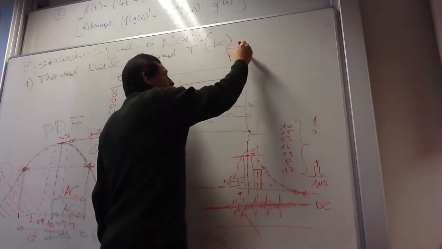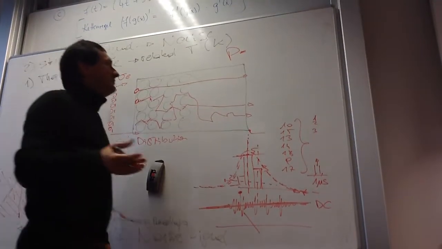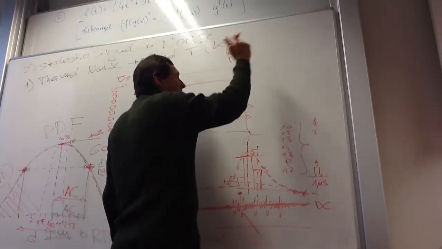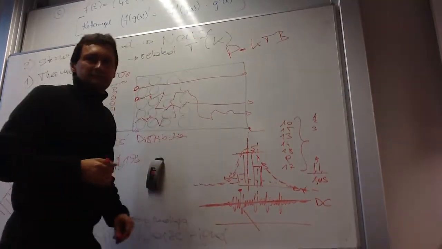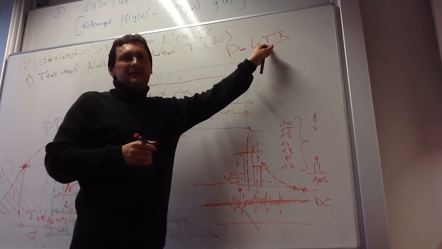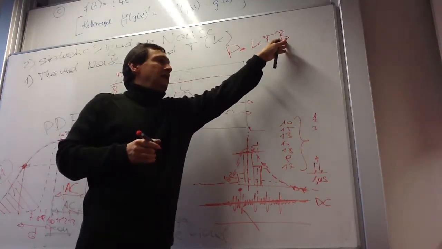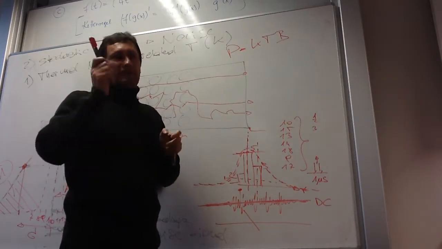So this formula is referred to Boltzmann and gives you the power of thermal noise. It's kTB. k is the Boltzmann constant, T is the absolute temperature, and B is the bandwidth. What is bandwidth?